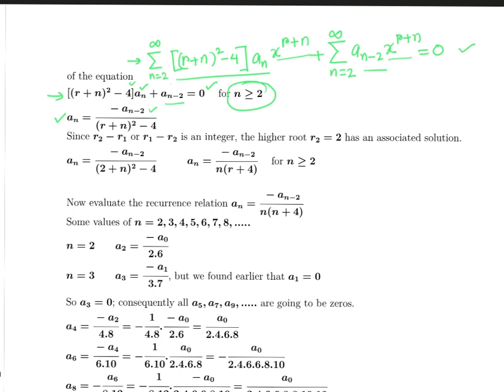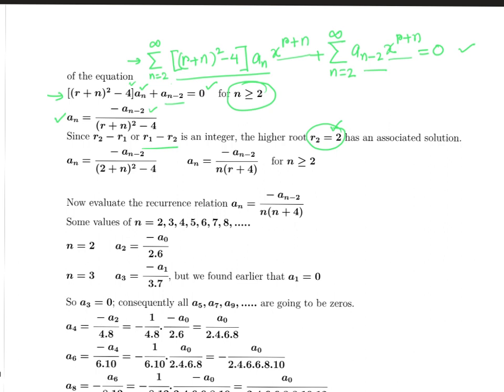If you are faced with a scenario such as this, there is a theorem that says we are guaranteed to have a solution for the higher root. There may or may not be a solution for the smaller root, however, and that you have to further investigate. Since the higher root is guaranteed to have a solution, we are going to consider r2, which is 2. The other one is negative 2.